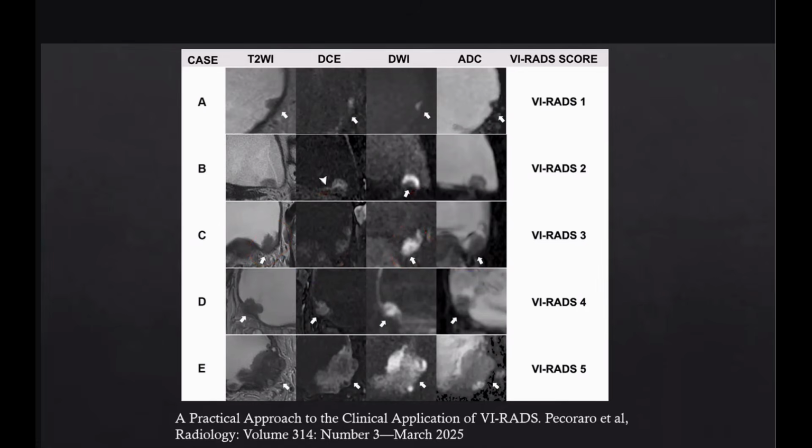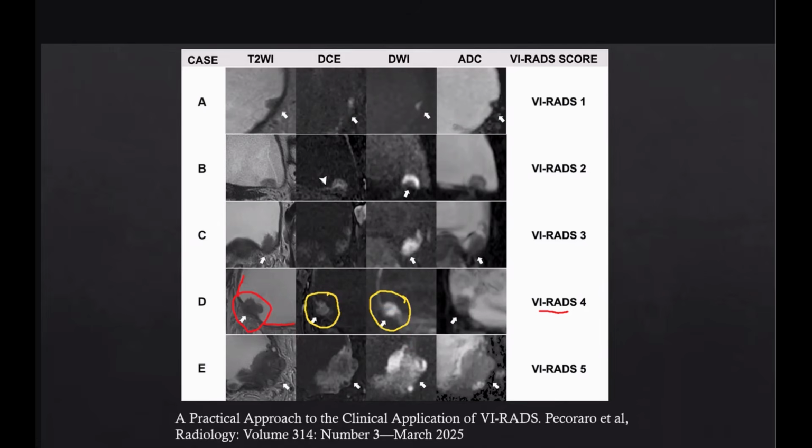VI-RADS 4, the mass, clearly we can see the mass invading and disrupting the muscle layer, as you can see here in this case. Also, in the dynamic contrast enhancement, it's very clear to see the mass invading the muscle layer. In the diffusion, restricted diffusion tissue inside the wall of the urinary bladder.